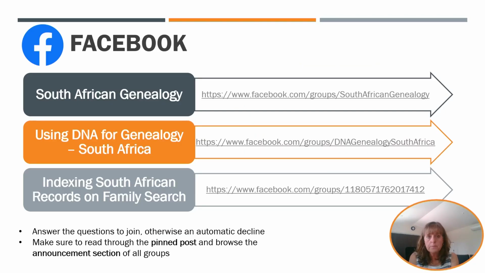Facebook. There are quite a few groups around on South African research, specifically on specific surnames. But the three groups here are really worth joining if you are doing any South African research. The first group is South African Genealogy. This is a very helpful group of people who jump in to help wherever they can.